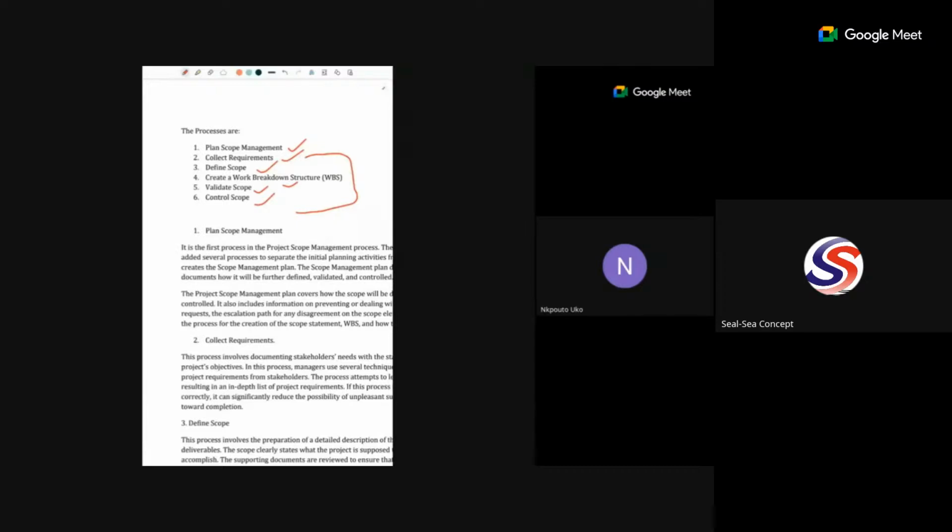People have different expectations whenever they are involved in a project. So in plan scope management, you are going to have plans on how you are going to achieve the rest of these 5 processes. How do you collect all your requirements? How do you gather them? How will I define the scope of my project? How will I create the work breakdown structure for this project? How will I validate the scope?